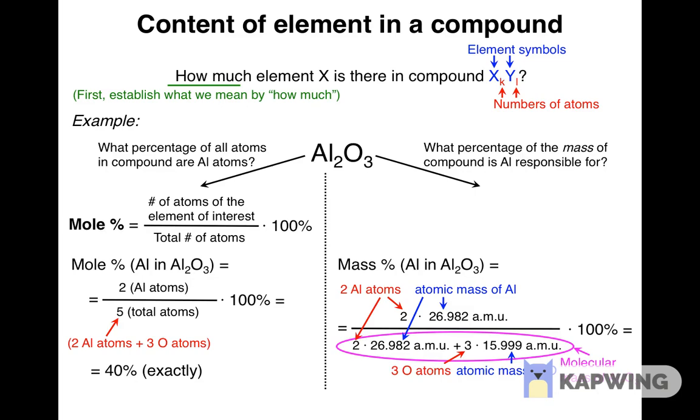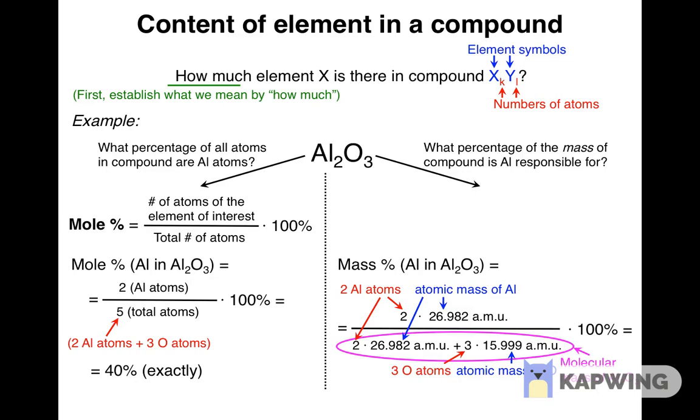What is the total mass of aluminum in this simplest unit of aluminum oxide? It is the mass of two aluminum atoms, 2 times 26.982 atomic mass units, or 53.964 atomic mass units.